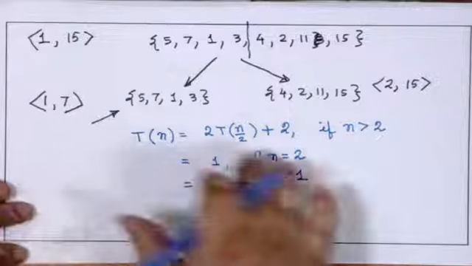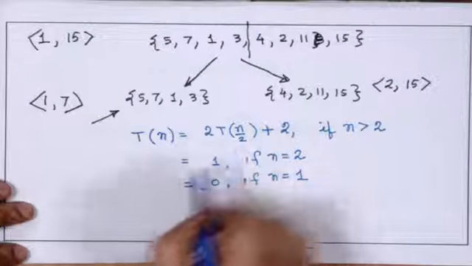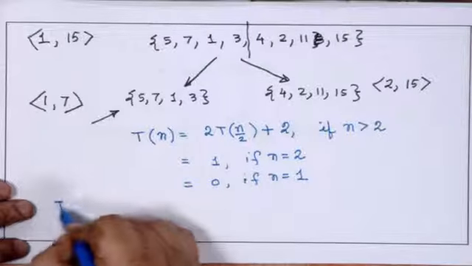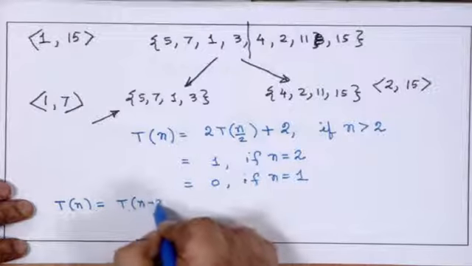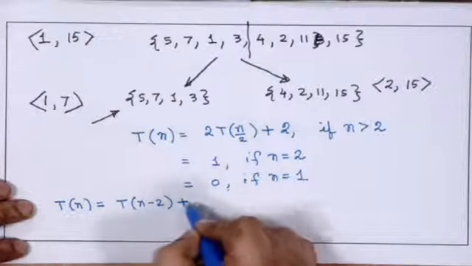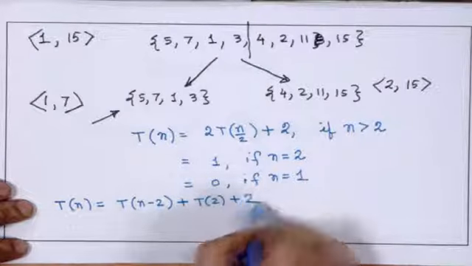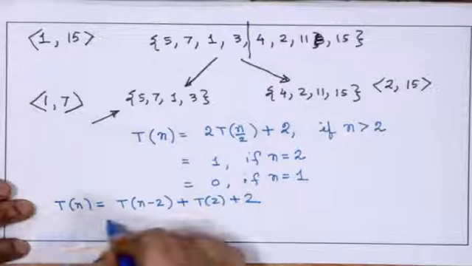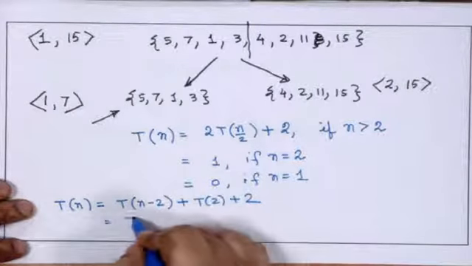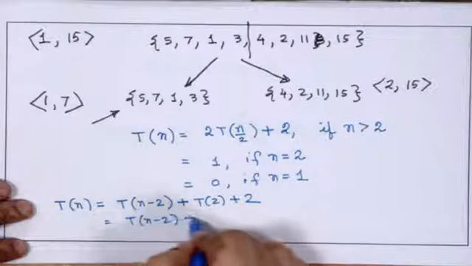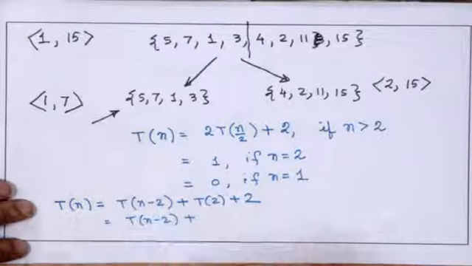The next question is, if I did it another way, what would be the answer? The other I could do is T n equals T n minus 2 plus T 2 plus 2, where I am breaking it up as n minus 2 and 2.